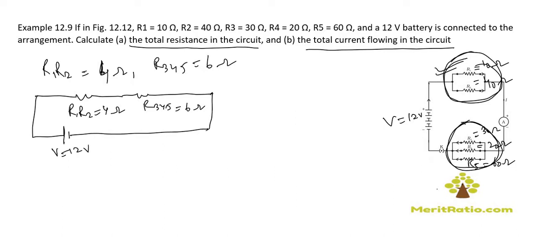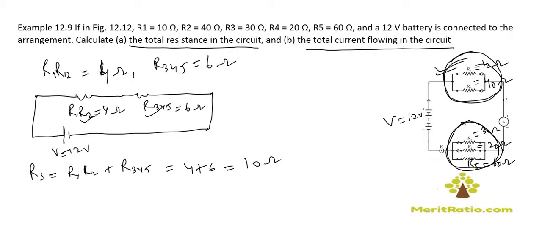Since these two are in series combination, Rs is equal to R12 plus R345, which is 4 plus 6. This has become 10 ohm.